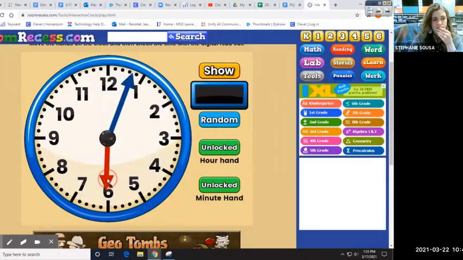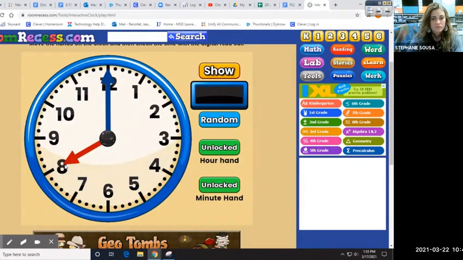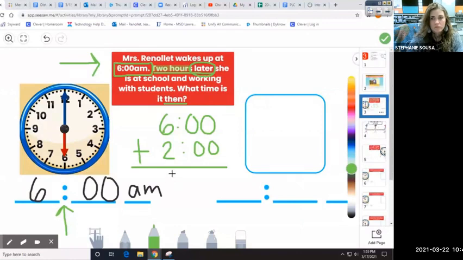I can take my hour hand and move it forward in my day, adding 1 hour plus 1 more hour. Notice that your minute hand has gone around 2 whole times. 2 hours later than 6 o'clock is 8 o'clock. I can prove that by adding them together, and I can prove it on my clock.